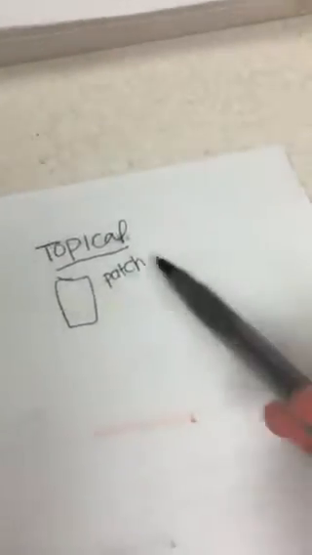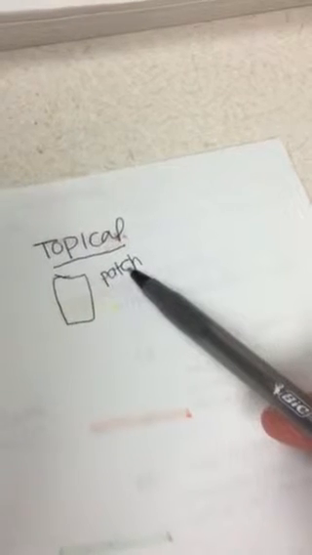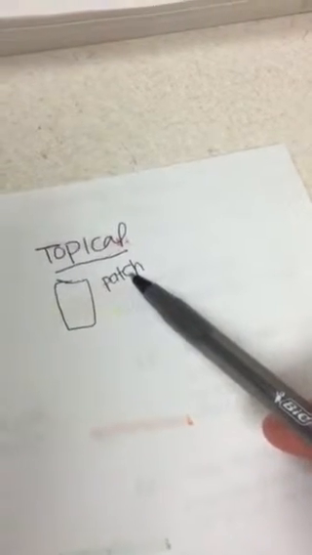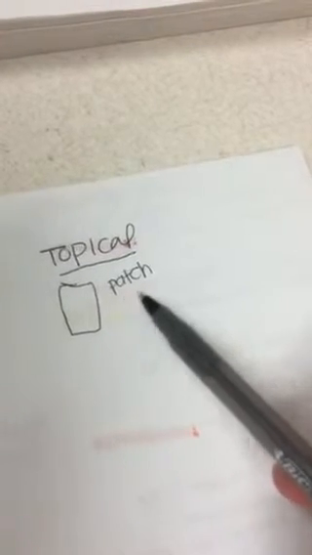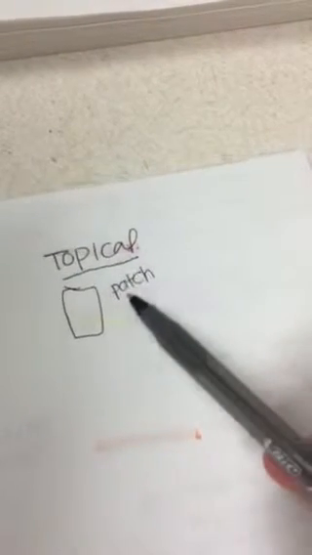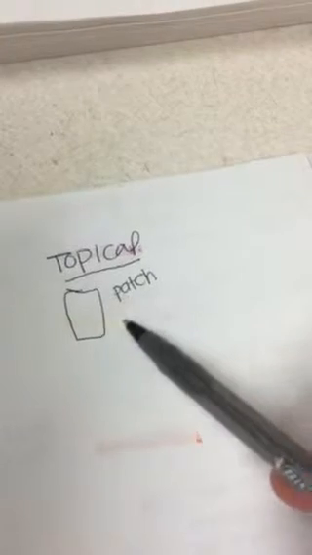With topical, I like to draw a little square and label it patch. But you can also use topical creams, liniments, lotions, ointments, and liquids. They can be sprayed on. Anything that goes on the skin can be considered topical.